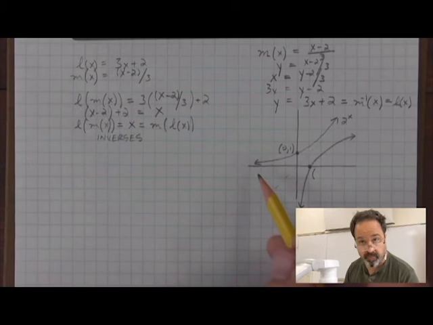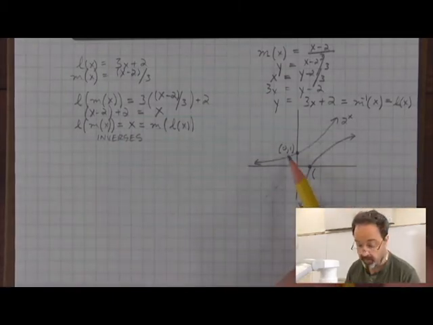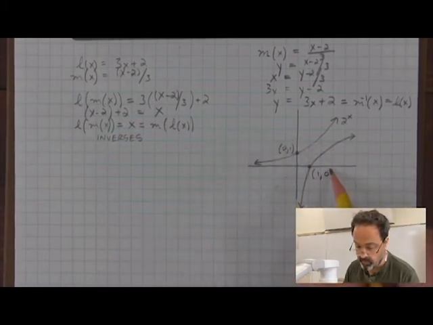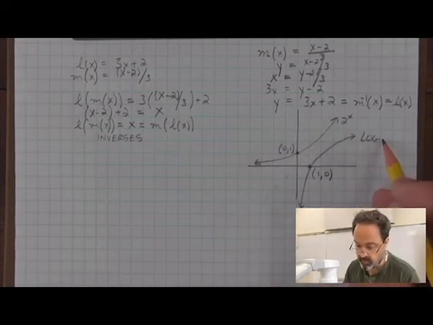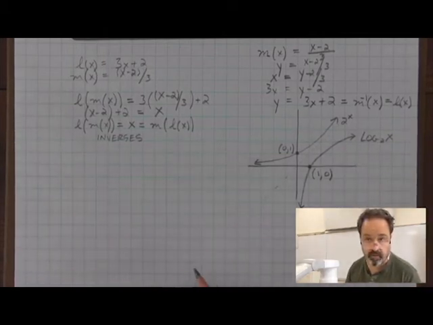If the graph is an inverse, and an inverse means switching x and y, then that happens to every coordinate as well. We can highlight that it's happened to this coordinate. And the inverse of the 2 to the x function is log base 2 of x. Graphic inverses are reflections of each other over the line y equals x.